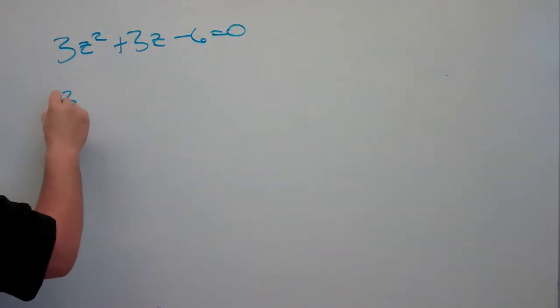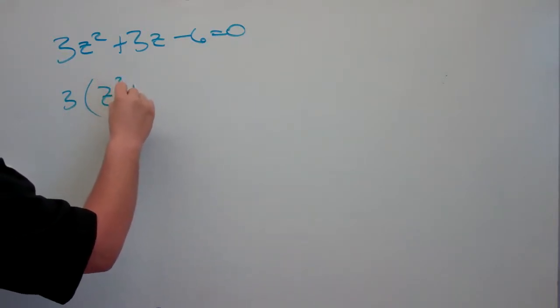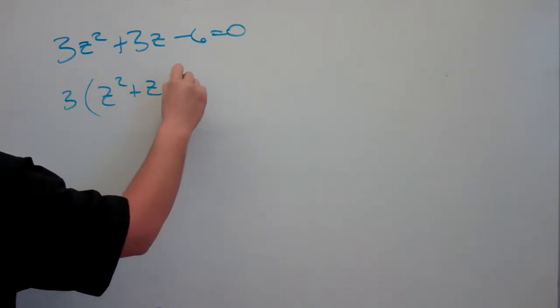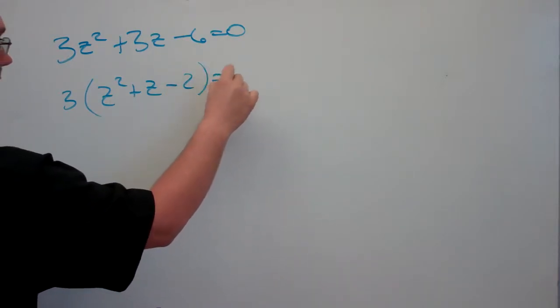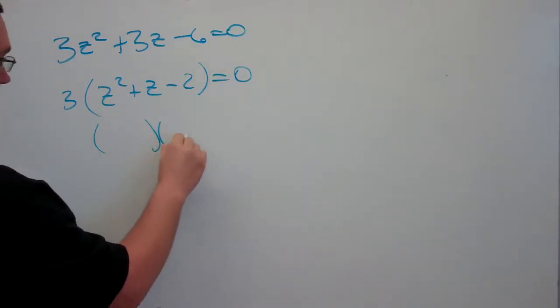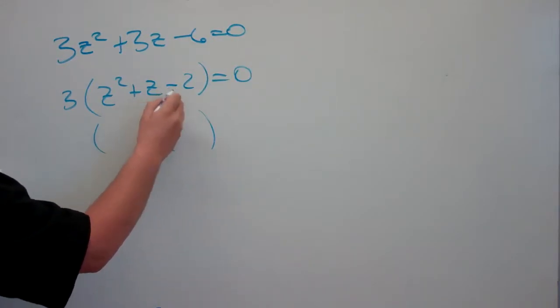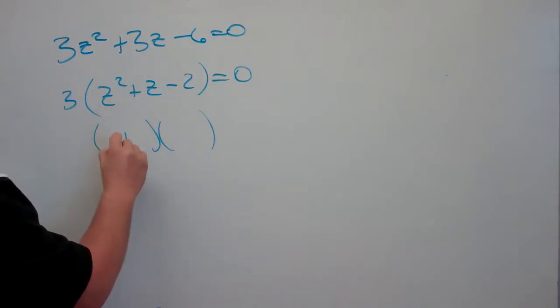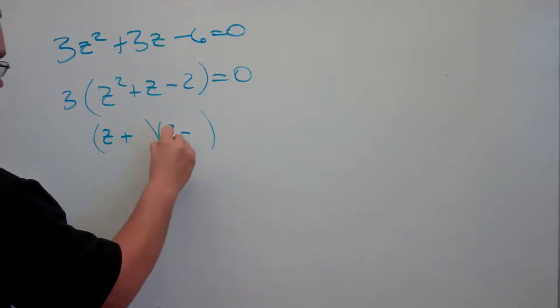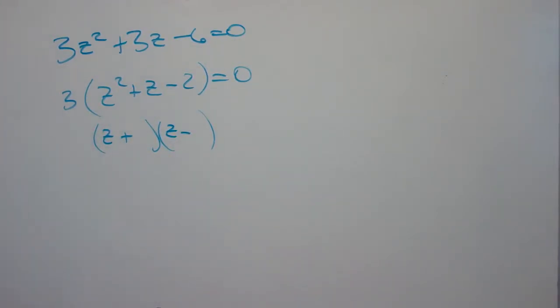All right, what I would do, factor out of 3. equals 0. Alright, so again, it's negative. So that means you have one of each. Positive, our largest number is positive. 2, cool thing about 2, it only has 2 factors, 1 and 2.